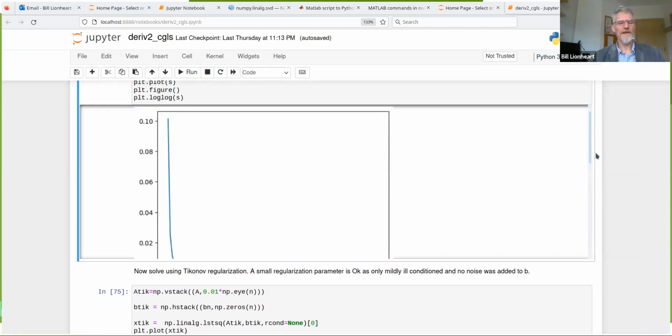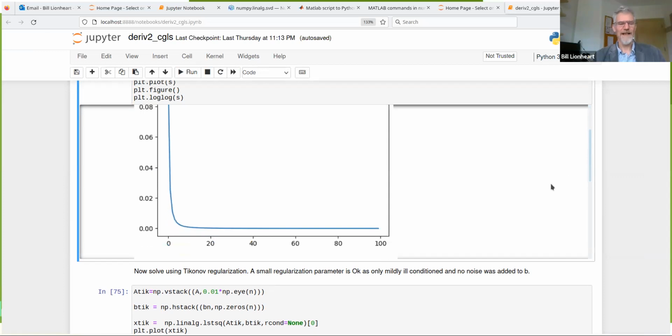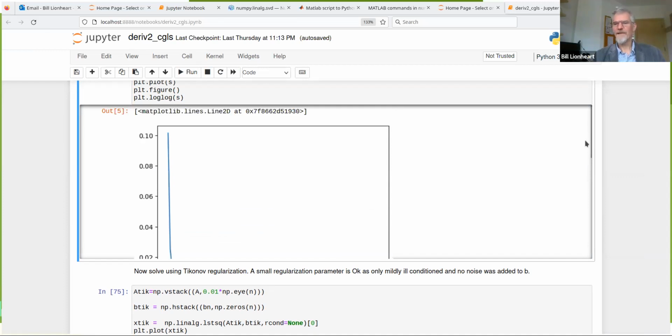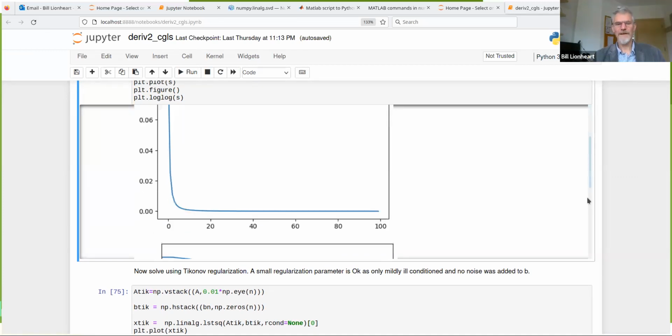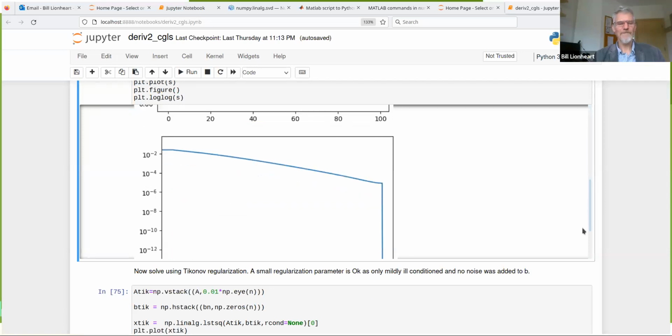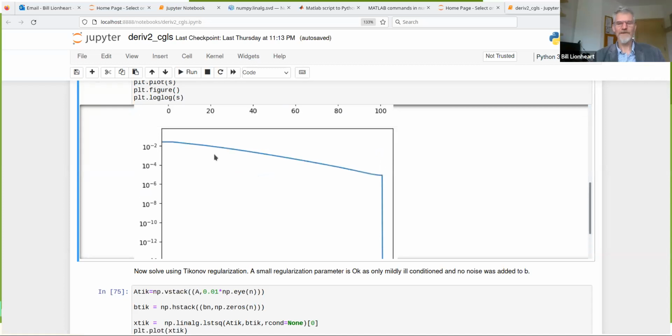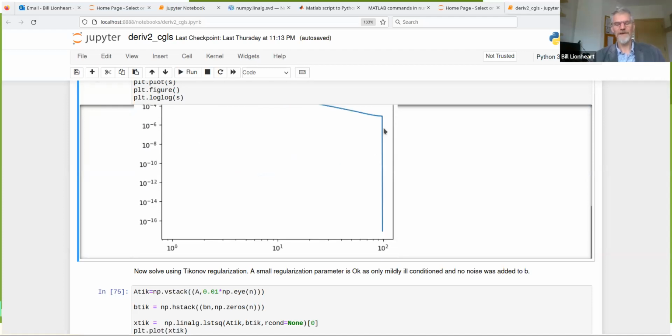Okay, so this is a plot of the singular values, and you can see they're going down. It looks like some power, and yes, that's why I have to scroll, because I've done several plots in the same window. On a log scale, you see it's more or less straight, indicating roughly a negative power law. And then there's this disastrous jump down, which suggests to me a one-dimensional null space.